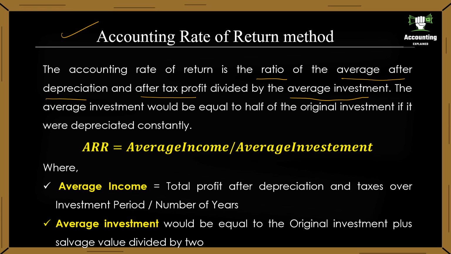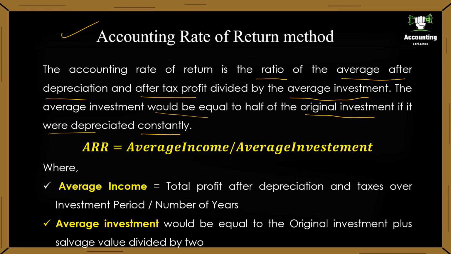The average investment would be equal to half of the original investment if it were depreciated constantly. We take only half of the original investment considering that it is depreciated constantly. Suppose it is depreciated at 10% constantly, and if the life of the project is 10 years, then every year 10% of the project will be reduced, right?